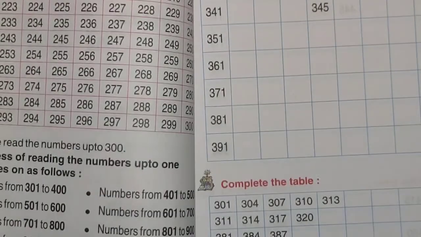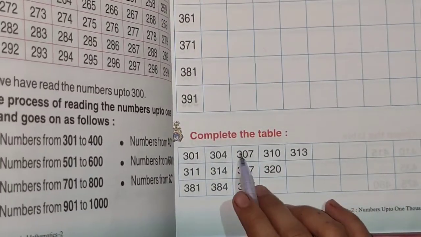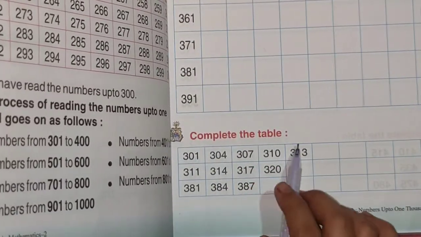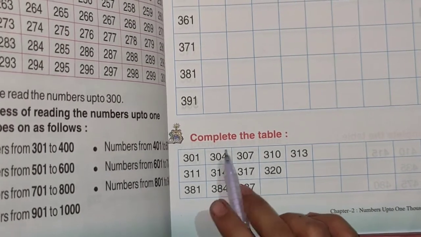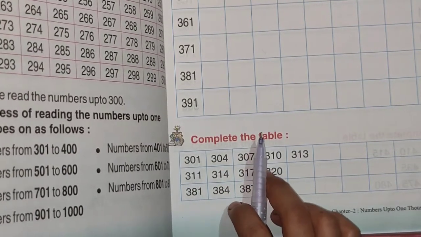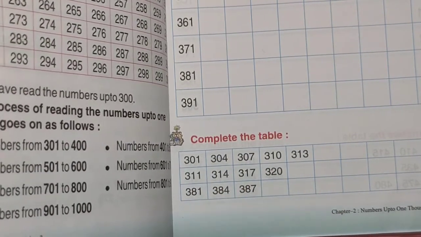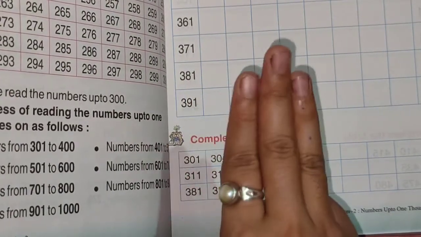Okay, and you can see here a table. You need to complete the table. 301, 304. So after 301, 304. So here how many numbers are skipped? 301, 302, 303, 304.